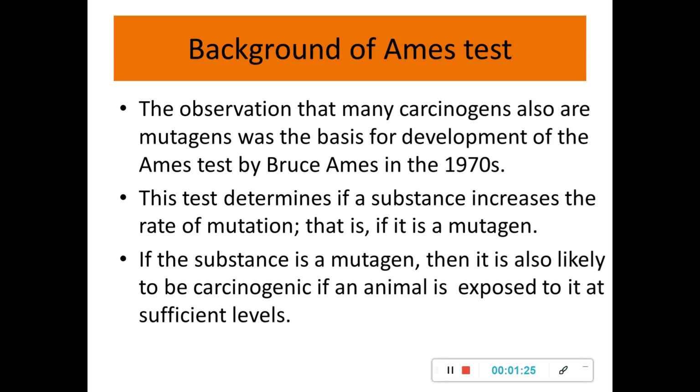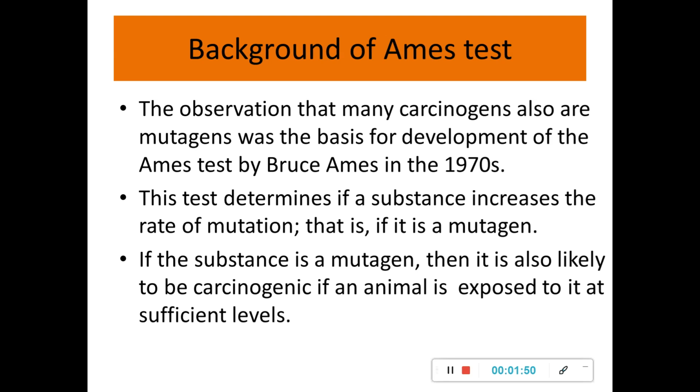This test determines if a substance will increase the rate of mutation, that is, if it is a mutagen. If the substance is a mutagen, then it is also likely to be carcinogenic if an animal is exposed to it at sufficient levels. So by directly checking whether a substance is a mutagen, there is a chance that it could be carcinogenic also.